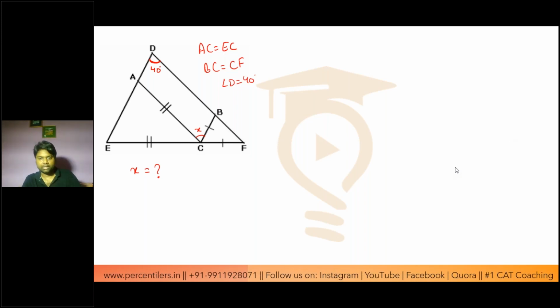No, nothing parallel is given. Whatever is given is in front of you. Only equal things are given: AC is equal to EC and BC is equal to CF, nothing else, and angle D is 40 degrees. Three things, nothing special about the triangle, nothing parallel, nothing is given.